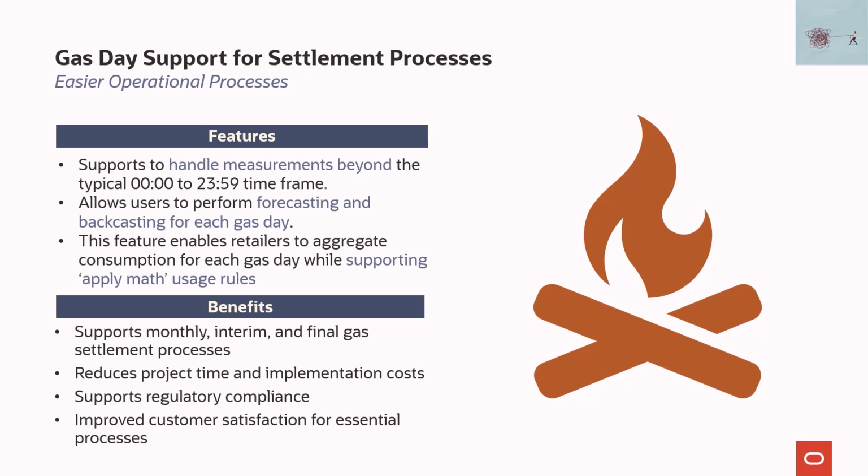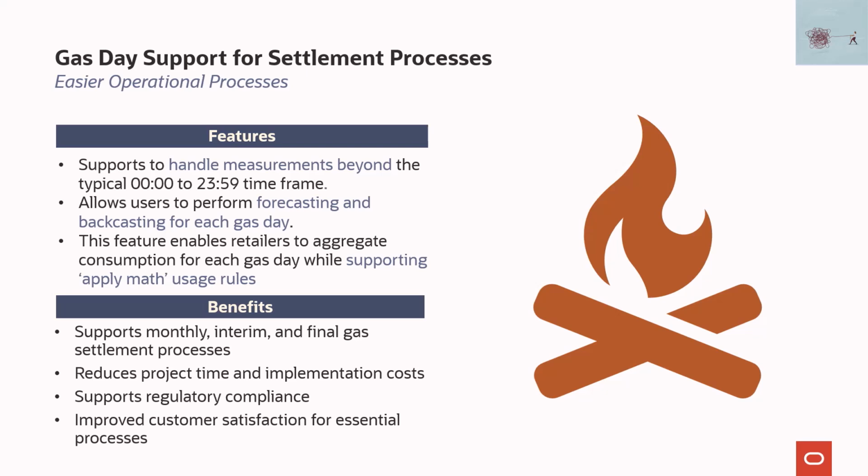Specific to gas utilities, it heavily relies on estimation processes which involve forecasting and backcasting the aggregated consumption for each retailer or supplier for each gas day. So this enhancement allows daily interval IMDs to be uploaded or processed according to the defined gas day.